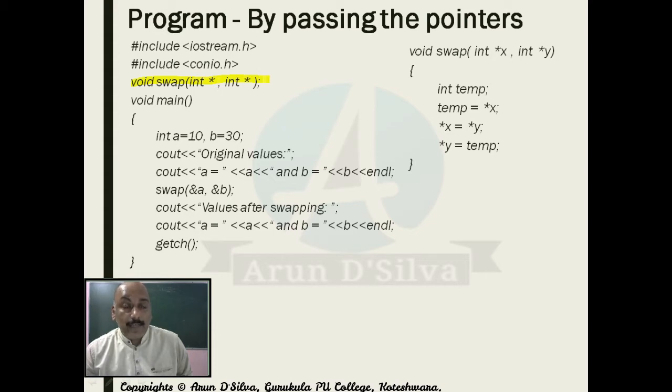While calling swap I am using ampersand a, ampersand b. And in the function, swap int star x, int star y I have to use. Then I have declared a temporary variable: int temp equals star x, star x equals star y, star y equals temp.